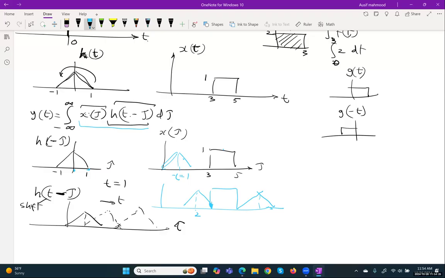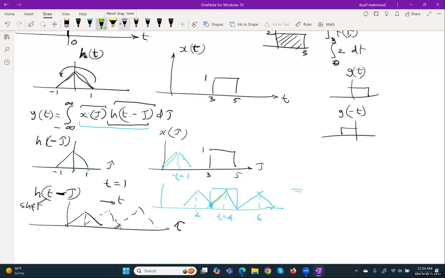This will be t equal to 6, right? So if I now multiply these two, when will be the maximum overlap? Maximum overlap will be at t equal to 4. You guys agree?